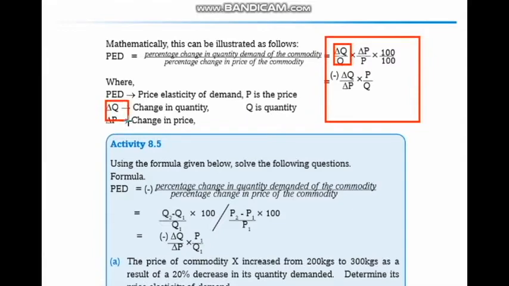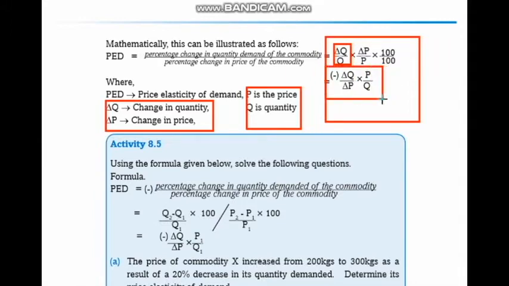This is an explanation of those abbreviations that we are going to see. P is the price, Q is quantity, while the delta symbols denote change in price and change in quantity. And remember to add the minus.